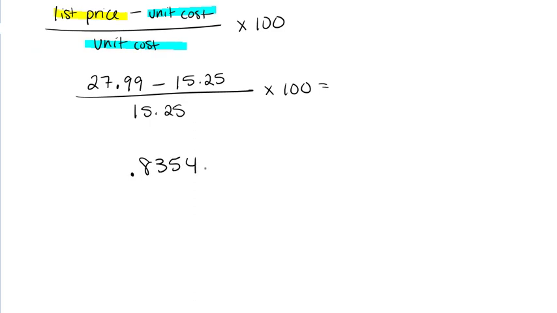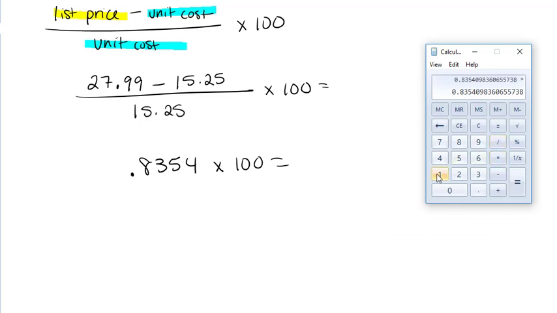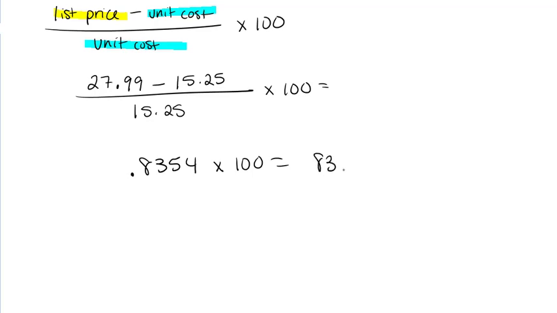So we'll just round to the fourth decimal, times 100. So we get 83.54. And this is percent. So this is our markup. Let's go ahead and look at another example.